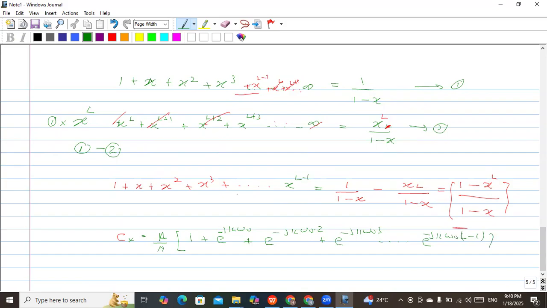So this one and this one are identical. Here x is equal to e to the power minus jk omega naught, this term.